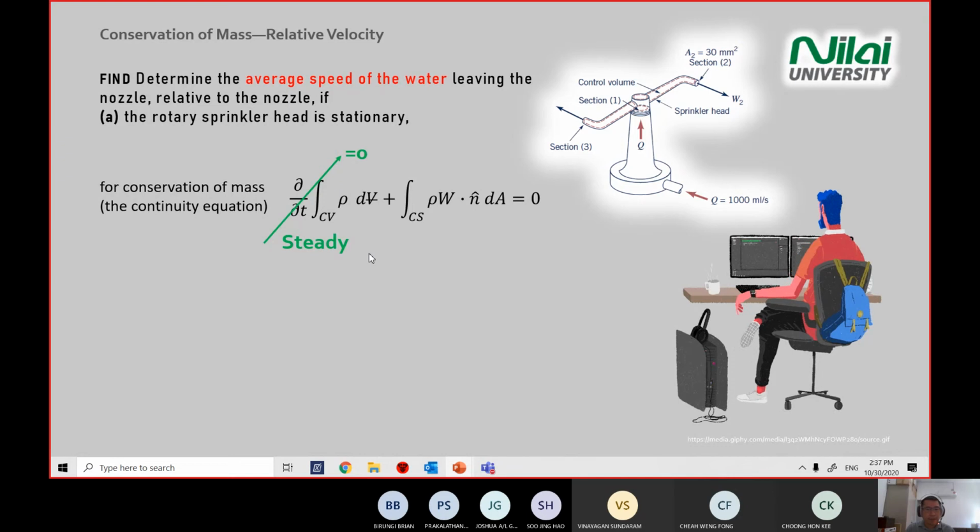All right. After you write out the continuity equation, simplify it according to the flow condition. In this case, we have a steady flow, so we only have the control surface term. Remember that we have an inlet and outlet.